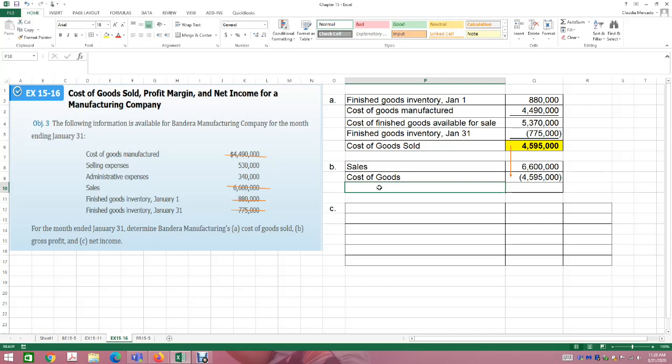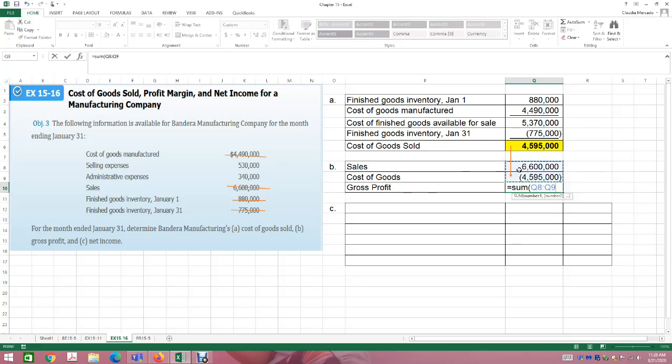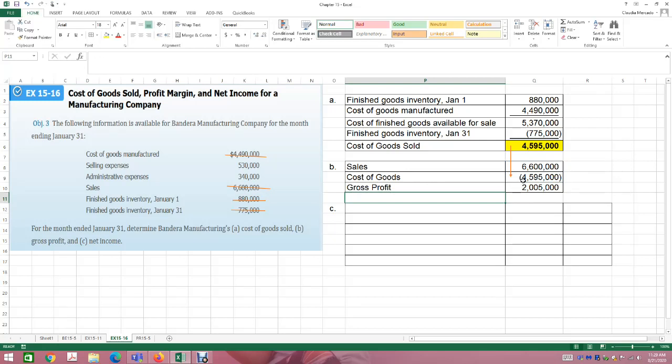So we have gross profit. It's basically the 6.6 million minus the 4,595,000. That's going to give me a gross profit of 2,005,000.